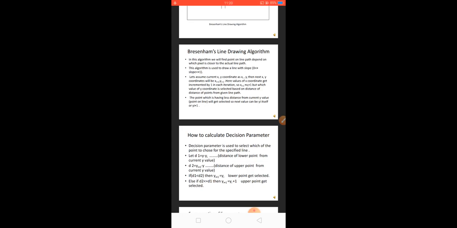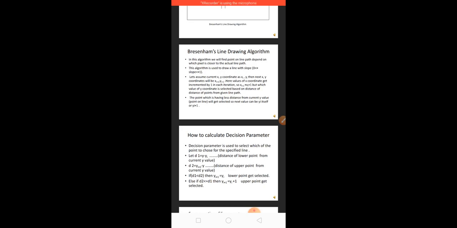Then the initial decision parameter is 2 dy minus dx. The initial x point is x1 and the initial y point is y1. How many times is this process repeated? Dx times. Which process? Finding the next decision parameter, the next x value, and the next y value from the current decision parameter. If d is less than 0, x equals x plus 1, y equals y, and d equals d plus 2 dy.